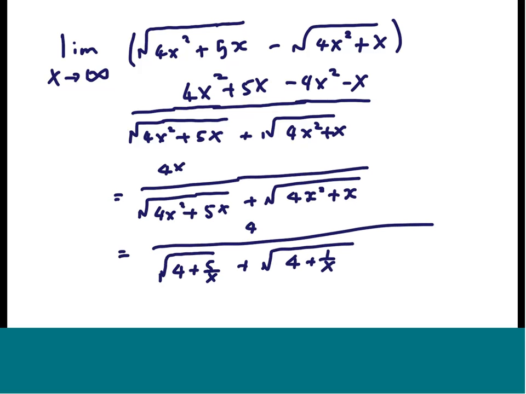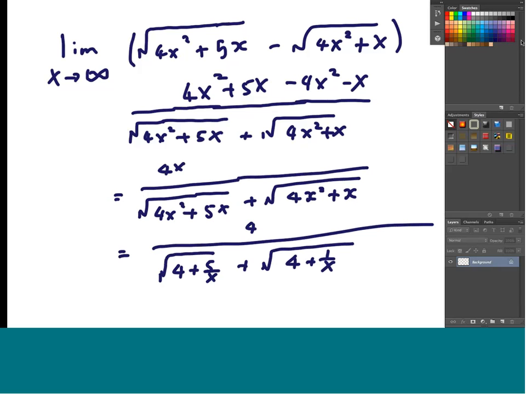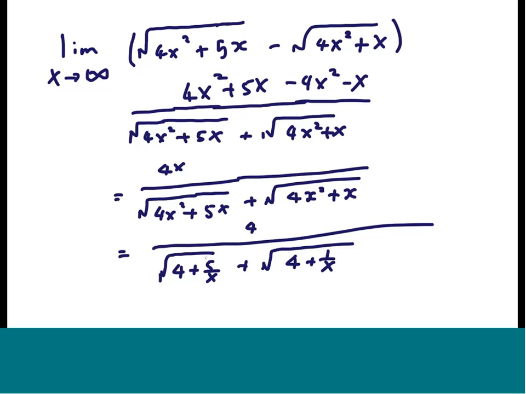As x goes to infinity, this one disappears, goes to 0. This one disappears, goes to 0, right? So the final value goes to 4 over 4, which is 1.